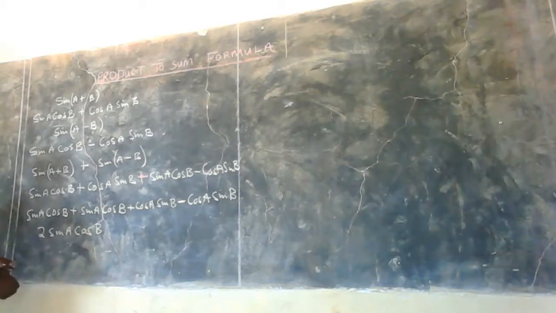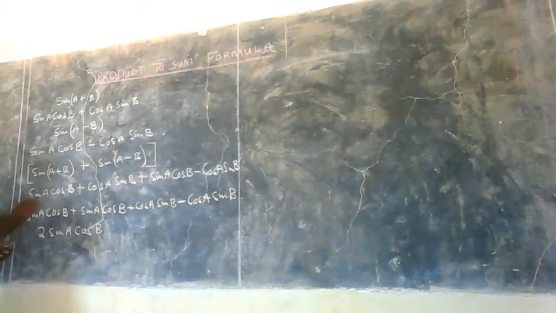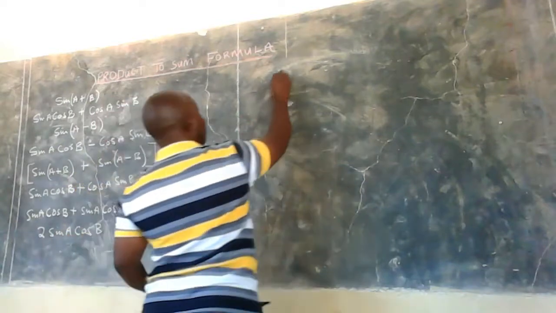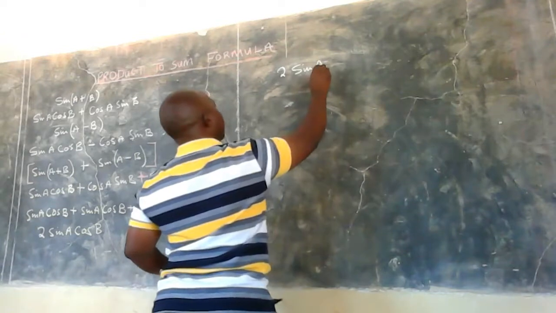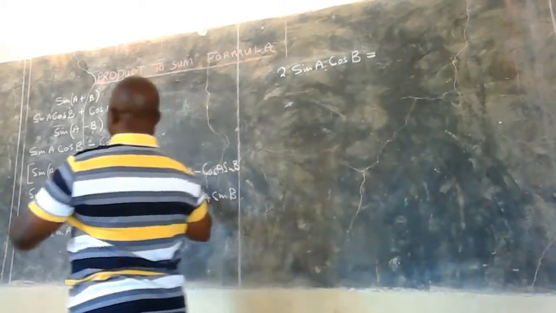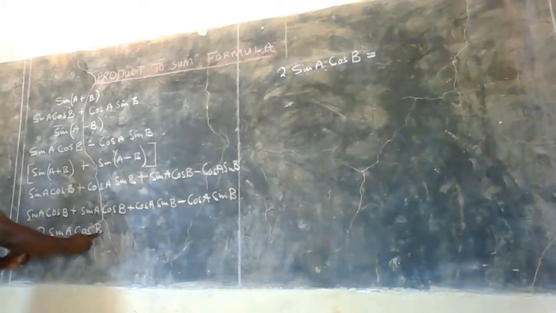Now, what are we saying here? We are saying that when we add these functions, the result is 2 sine A cos B. So 2 sine A cos B is equal to this part here that we are adding, because when we add this, this is the result.